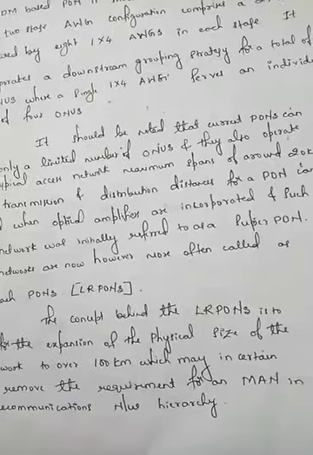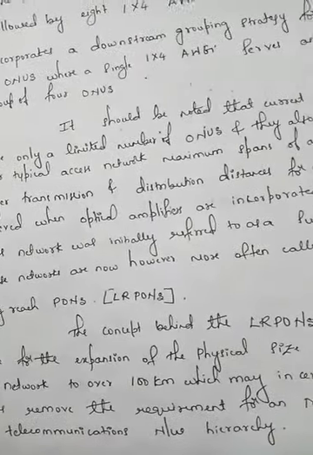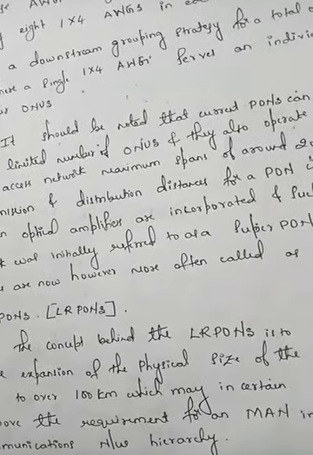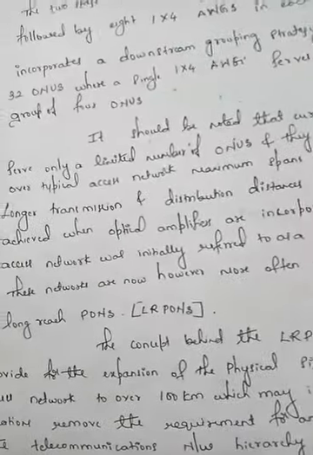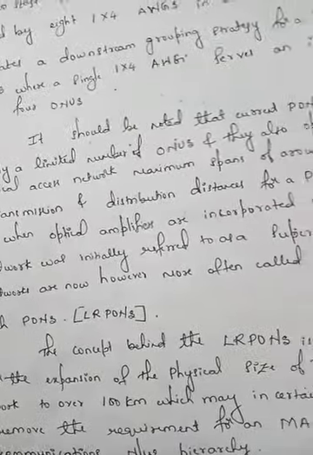It should be noted that current PON can serve only a limited number of ONUs. They also operate over a typical access network maximum span of around 20 kilometers.